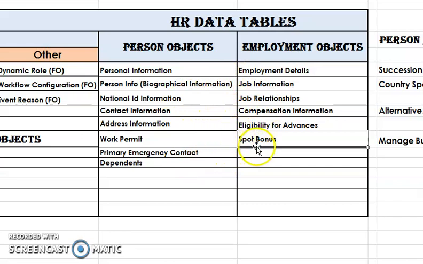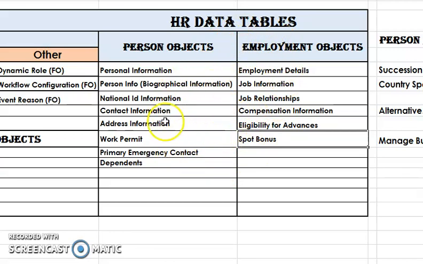If you want to configure any of these objects, either person objects or employment objects, before 2015, we configure with the help of succession data model and country specific succession data model.